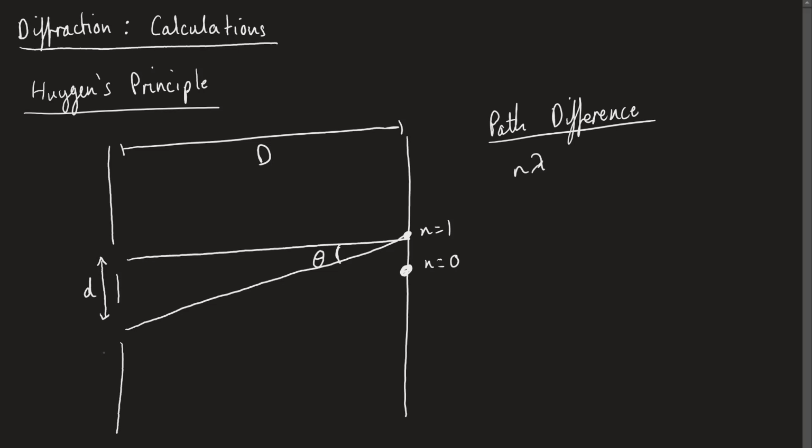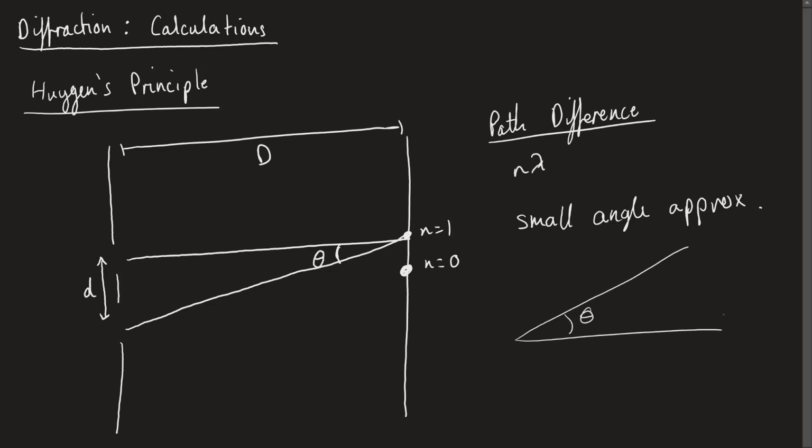To quantize that, we're going to introduce something called the small angle approximation. If we were to have a right angle triangle like this, and we were to look at the distance of this hypotenuse against this adjacent here, as we keep decreasing this angle theta, the difference in the distances is going to get smaller and smaller.